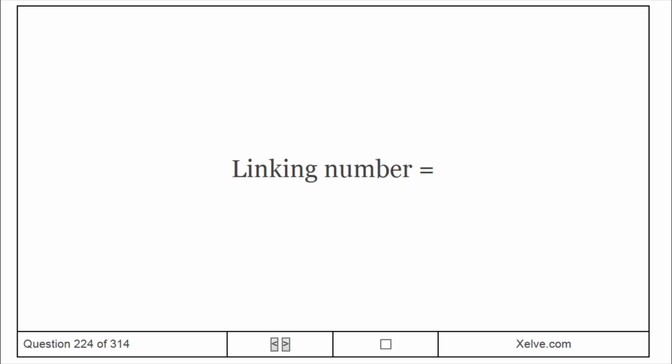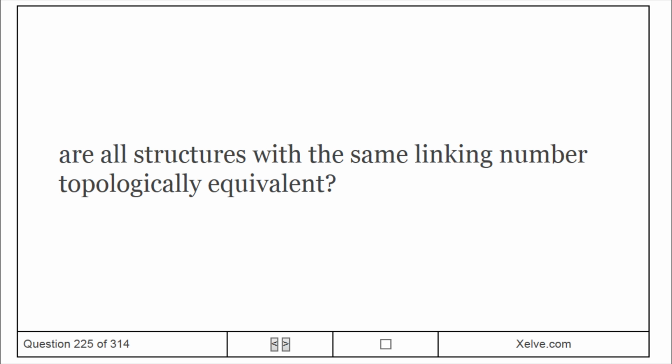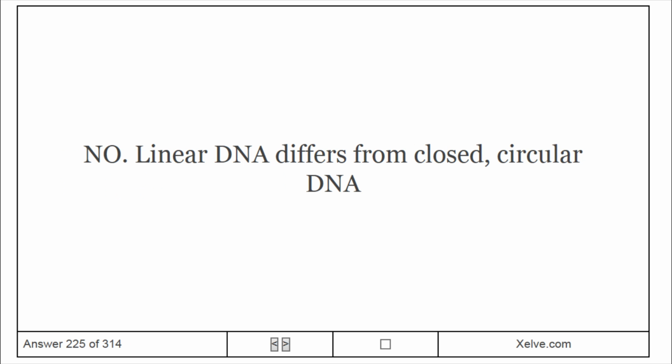Linking number equals twist plus writhe. Are all structures with the same linking number topologically equivalent? No, linear DNA differs from closed, circular DNA.